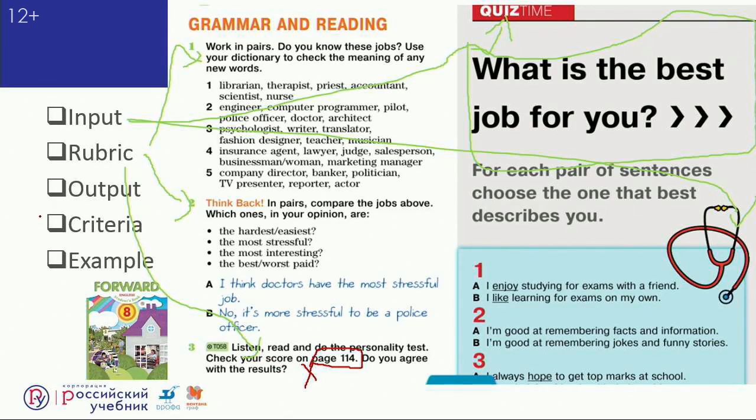There are no criteria. Here, a hint to criteria is this bit. Do you agree with the results? Here, the criterion is our internal perception of what is right and wrong and whether the text is characterizing us in the right way. That is the criterion.